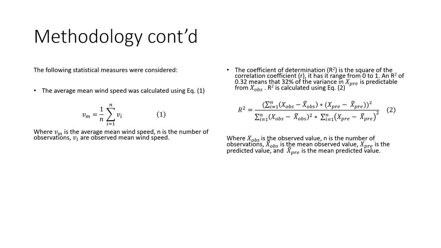The following statistical measures were considered. The average wind speed was calculated using equation 1 as shown. The coefficient of determination was also calculated using the equation as shown.